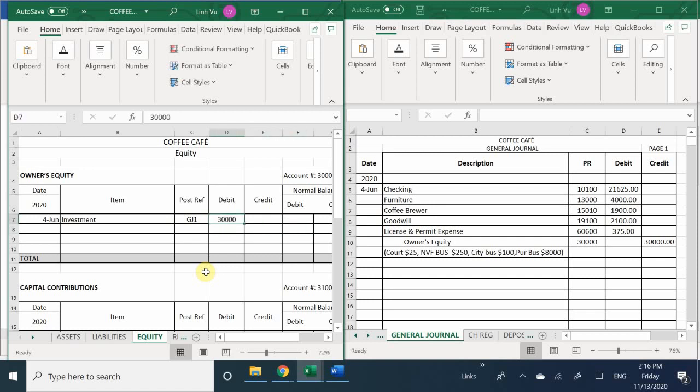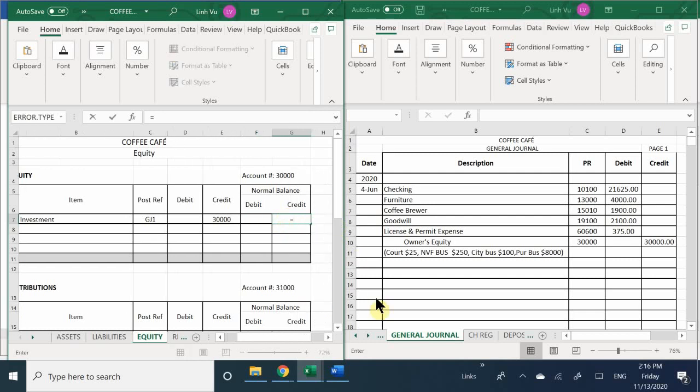Not in the debit, right? It's going to be in the credit because I journalized it in my credit side. So it's going to be 30,000. And same thing here, instead of being on the debit side, you're going to place it into the credit side. So you're going to start off your equity at a credit balance of 30,000.